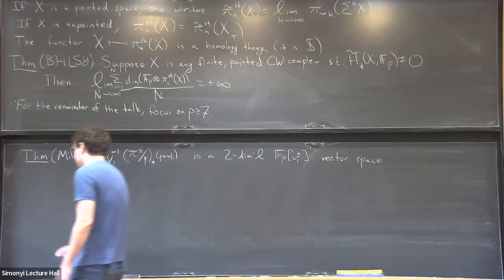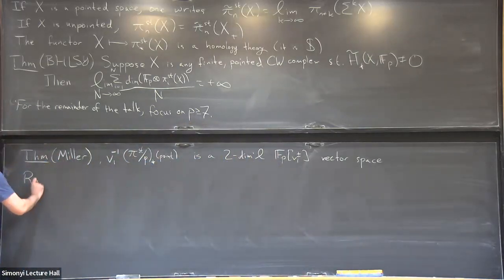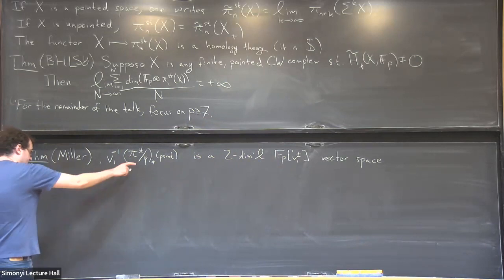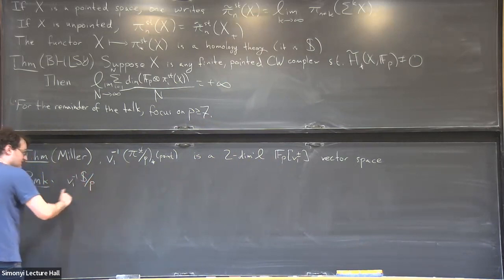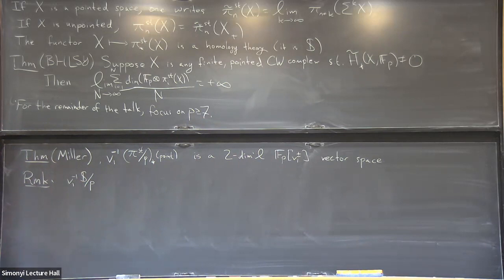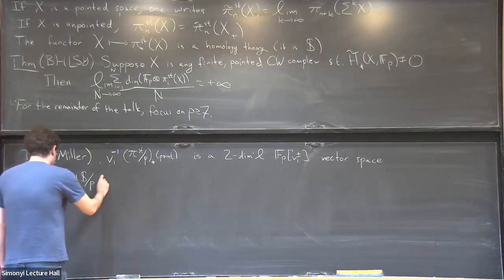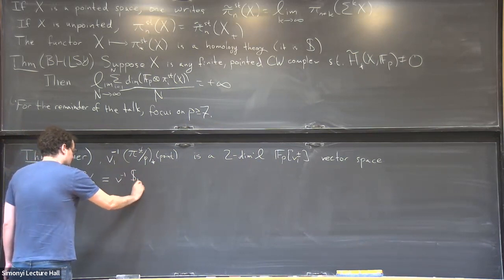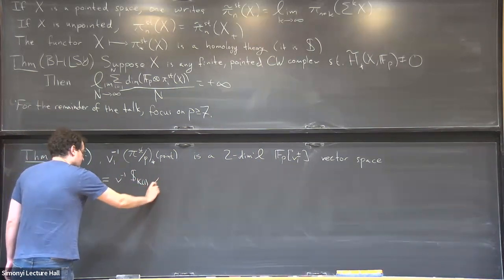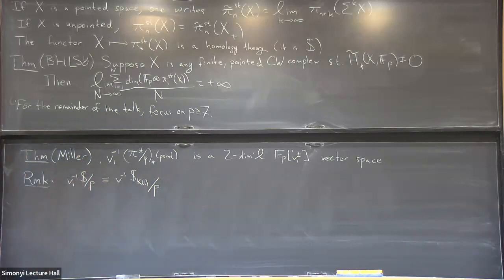And in fact, what Miller proved was something much more general than this. What is this theory I'm describing? It's exactly V1 S mod P. Right? That's what it is, a spectrum. Spectra are homology theories. And he proved that this is V1 S K1, where this is the object that appeared in Jared's talk.